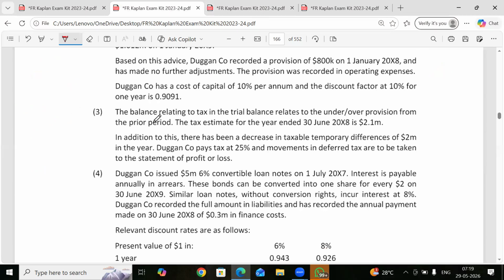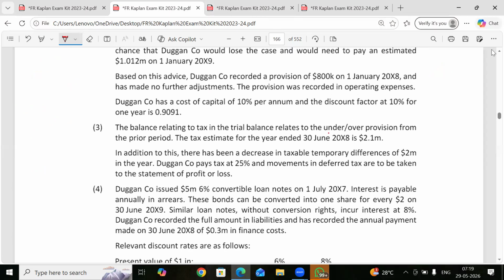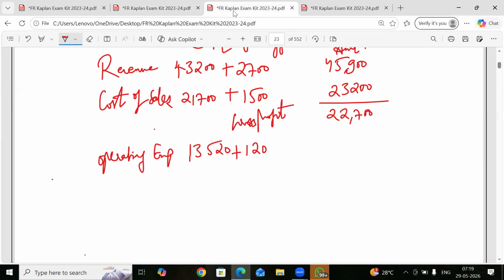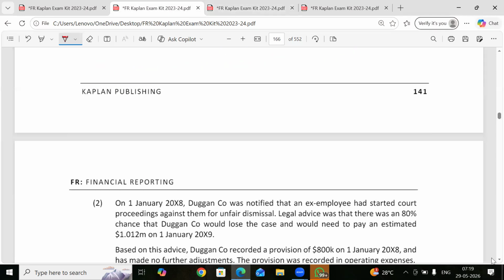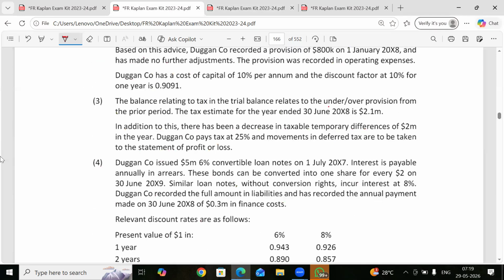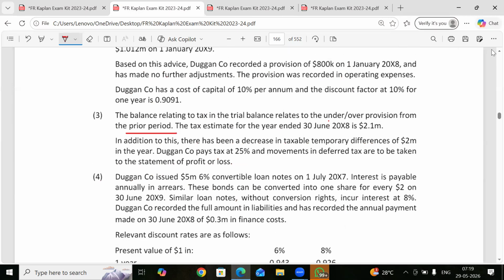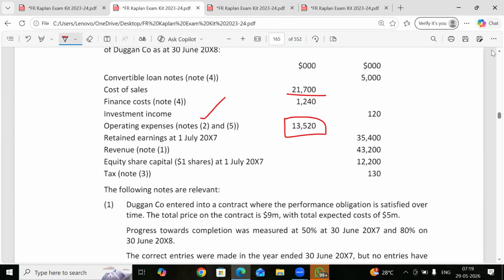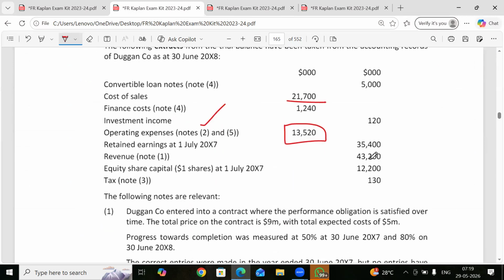So the balance relating to tax in the trial balance relates to under or over provision from the prior period. Okay, this is clear. See, there has been some tax adjustments. They have given 130 in the credit side. This is an over provision.